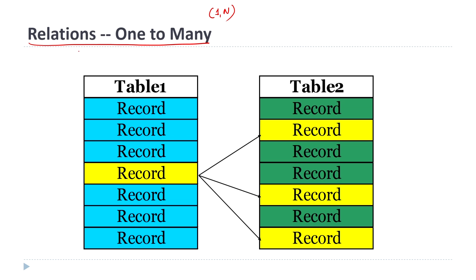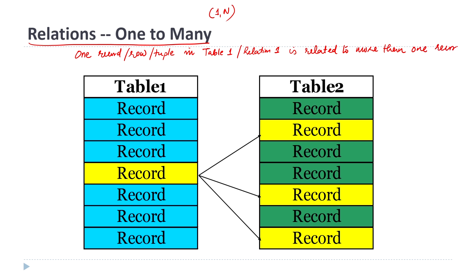Let us say this way: one record, row, or tuple in table 1 or relation 1 is related to more than one record, row, or tuple in table 2 or relation 2.